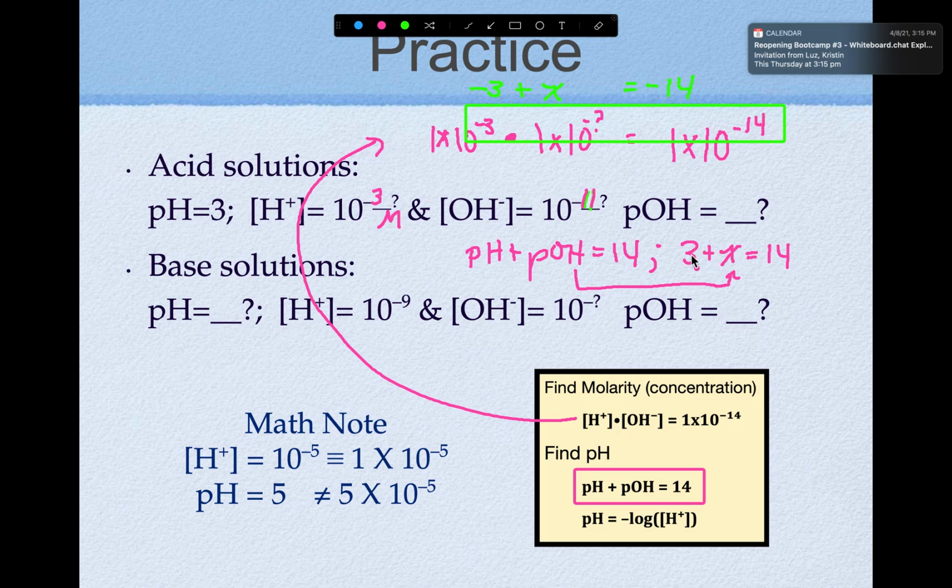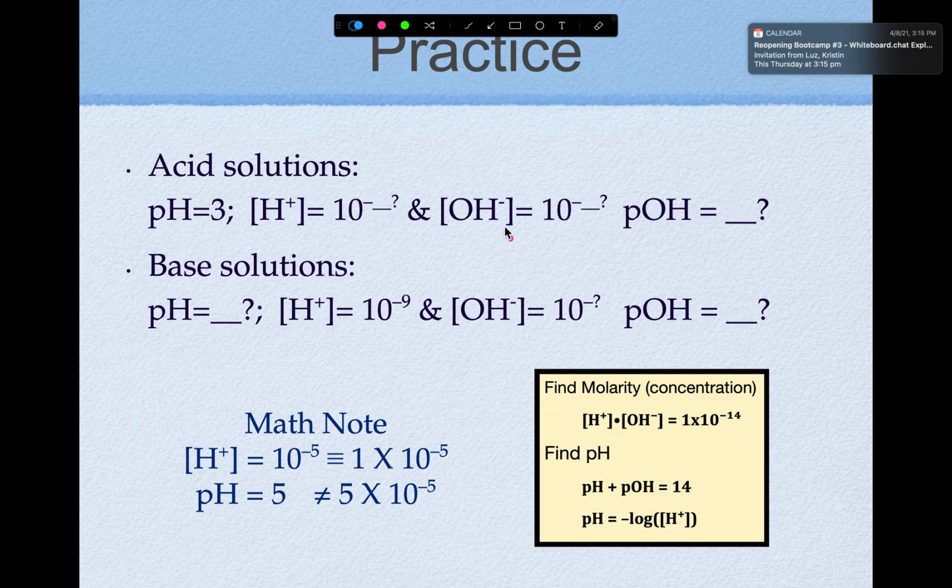And so x would be 3 plus what equals 14? x would be 11. So you can see that the relationship is the same as we saw with pH. pH gives me 3 and an exponent of negative 3, and pOH gives me 11 and a negative exponent of 11, right?